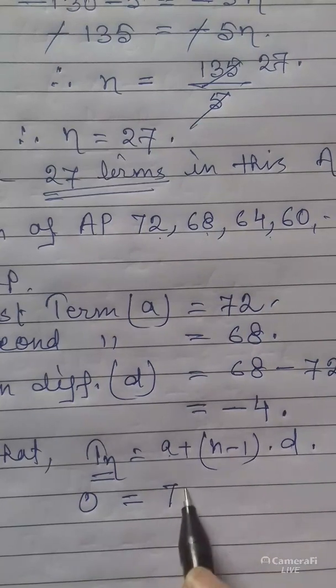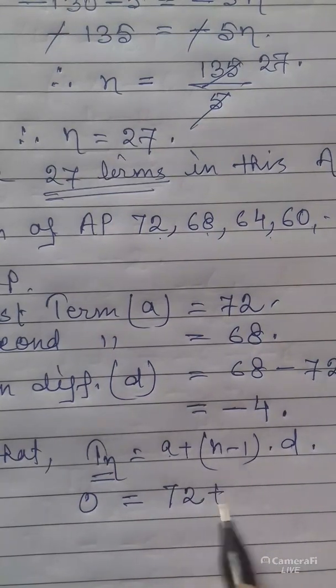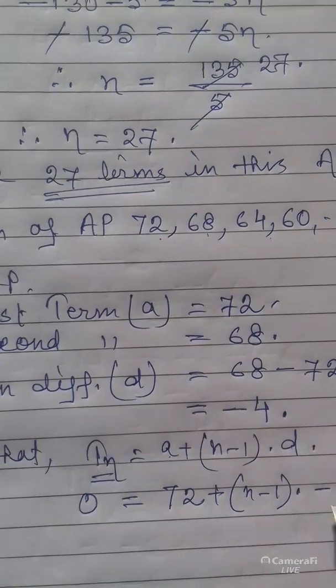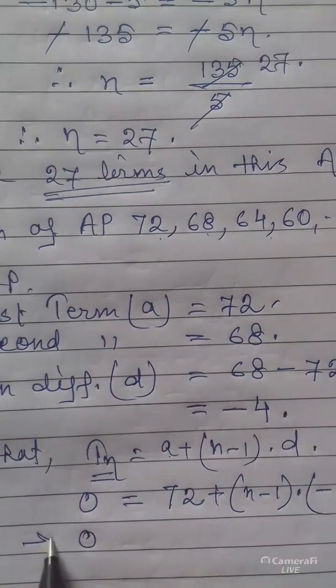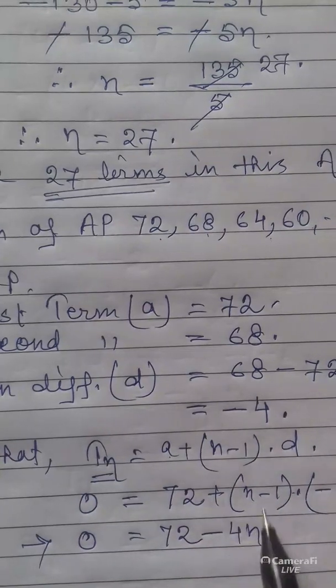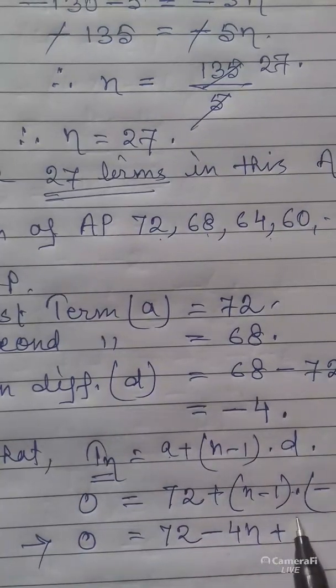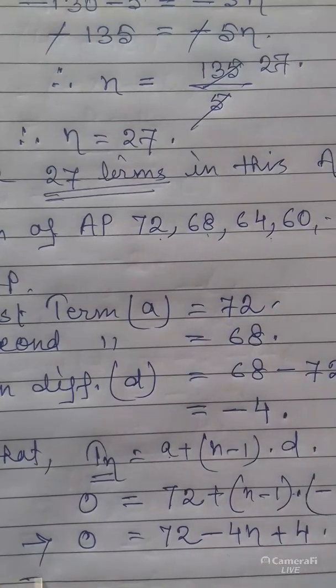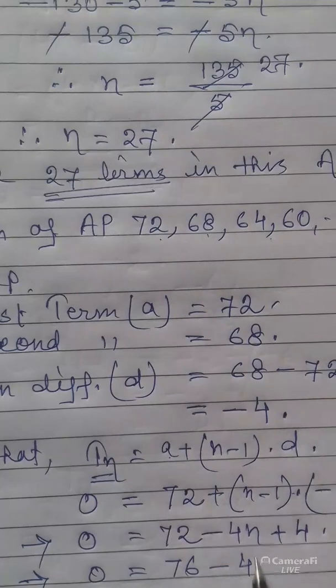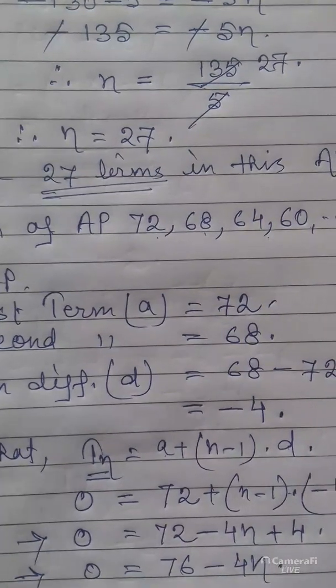A is 72 plus n minus 1 into minus 4. Now 0 equal to 72 minus 4n plus 4. Now 72 plus 4 is 76 minus 4n.